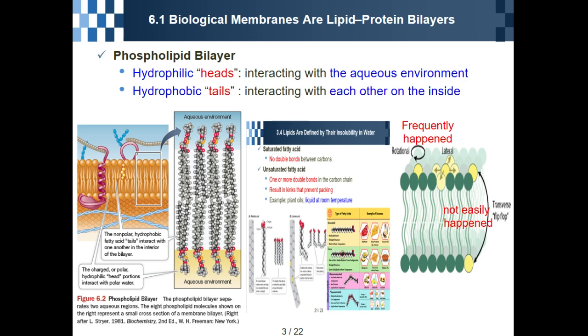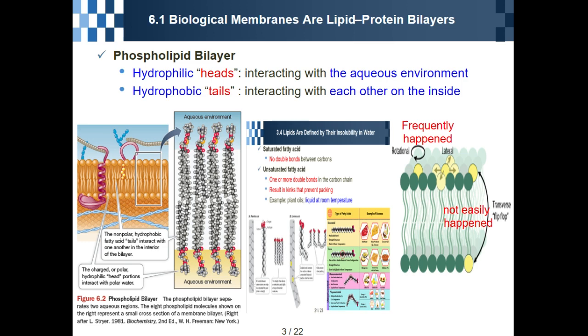So the fluid mosaic model is composed of the phospholipid bilayer. They have the head part and the hydrophobic tails like this. For example, each phospholipid frequently moves here and there like this. But sometimes it does not easily happen: in this side there is one phospholipid, and on the other side another phospholipid.